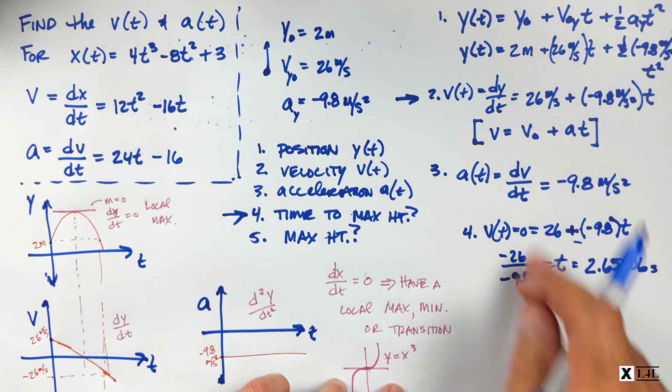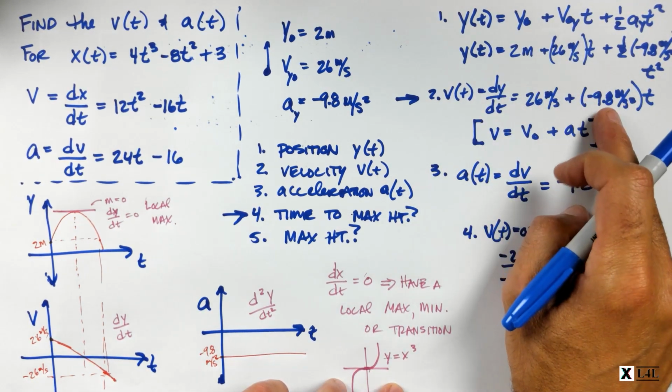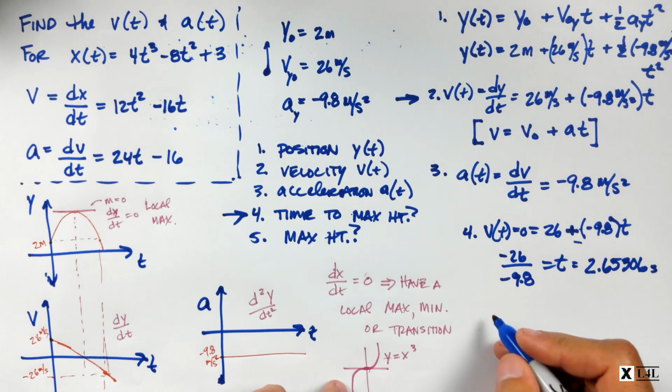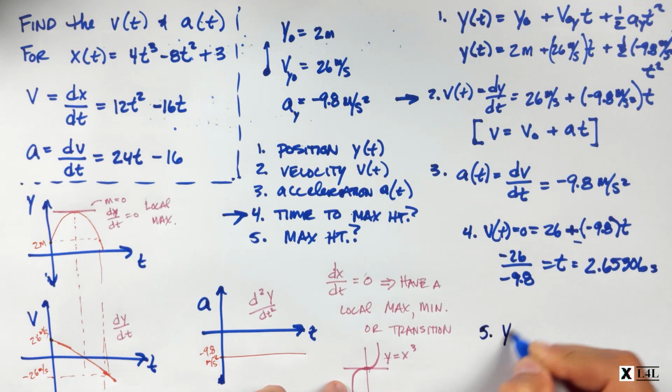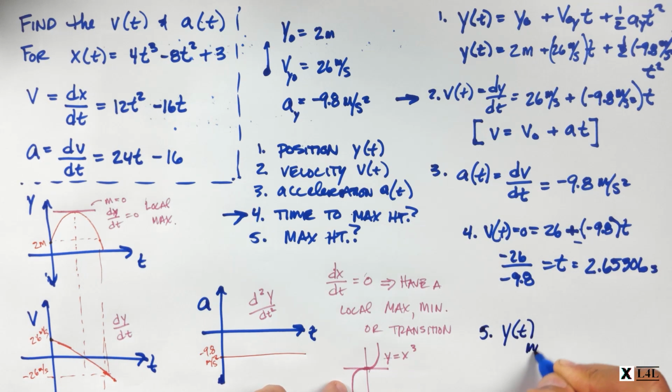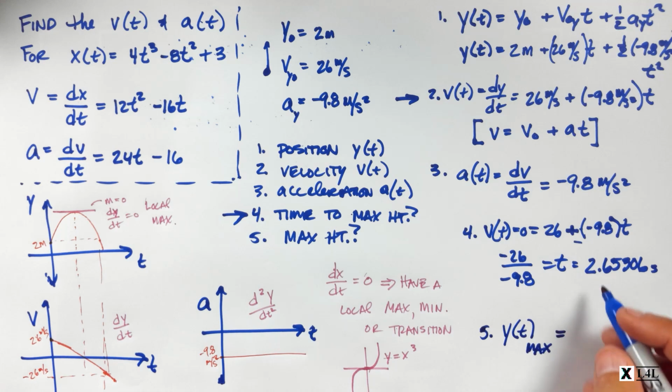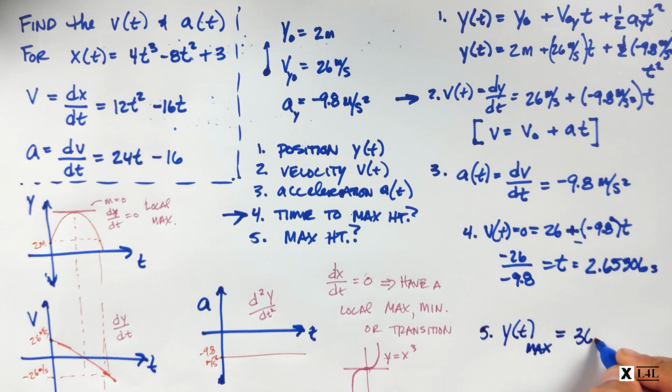So after you plug that back into this equation, what you're going to find is that your maximum height, so this would be for number 5, y sub t max, is going to be 36.4898, and with 2 sig figs we're going to say 36 meters.